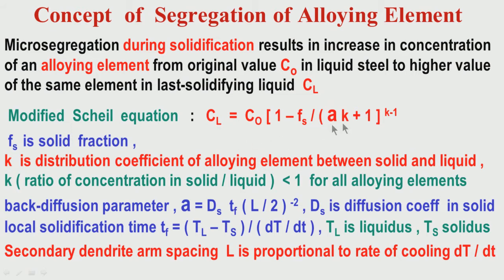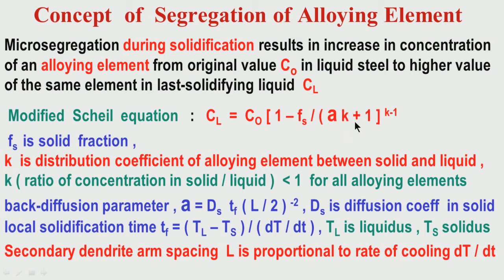But what is the relationship of k? k is basically the distribution coefficient of the alloying element between solid and liquid. So, k is always less than 1. Lower the value of k, more is the segregation, higher will be the value of Cl. So, k is important, and the solid fraction Fs is important. The higher the solid fraction, that means the closer to the end of solidification, Cl also increases.